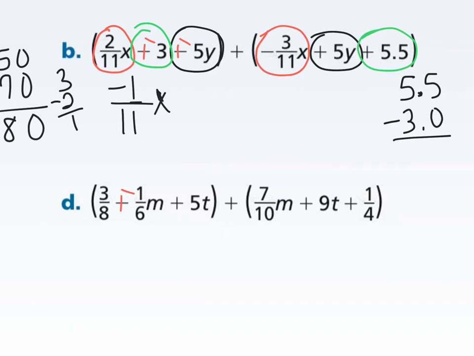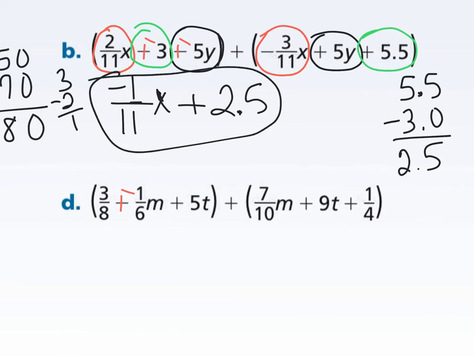If we put it under the other 5, we're treating it as just negative 3 tenths, which is not the same as negative 3. So we subtract, we get 2 and 5/10, and this time we had more that are positive, so that would be a plus 2 and 5/10. So this would be our answer for part B.